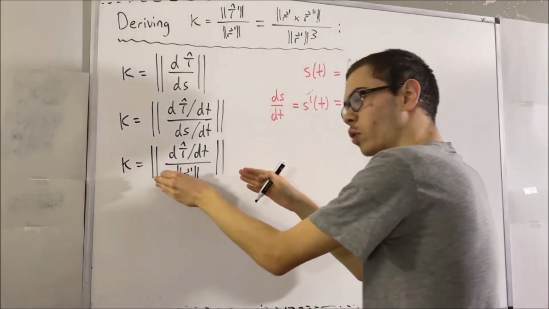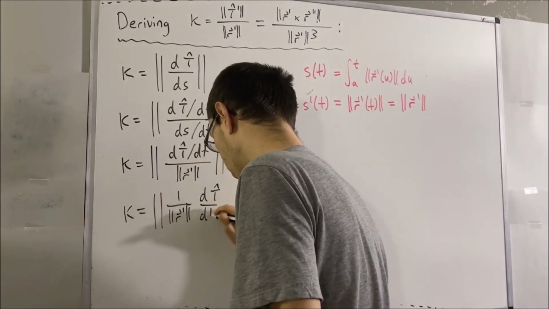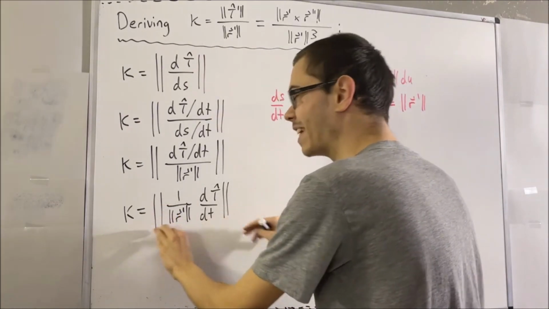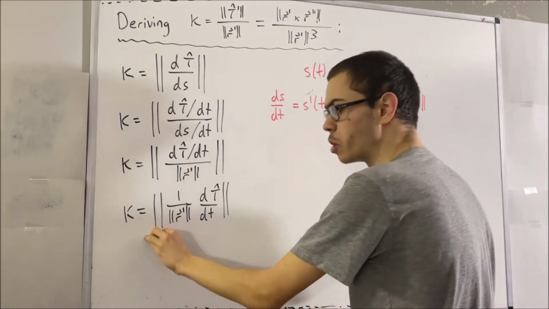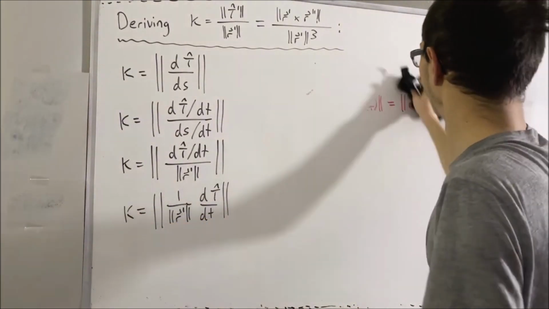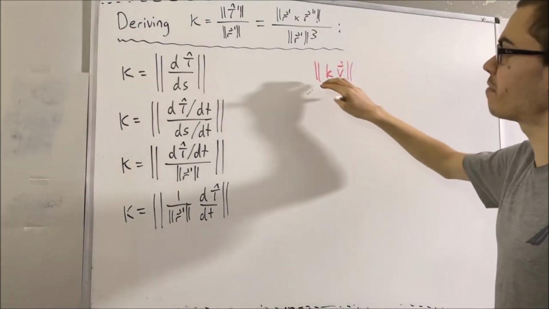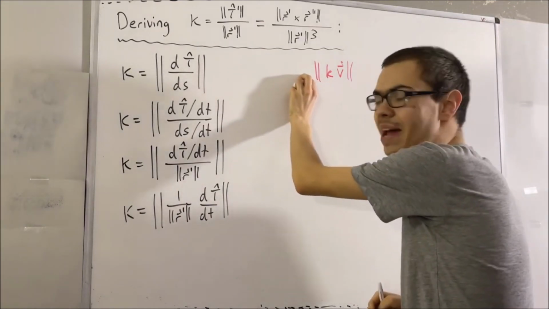Now, I'm actually going to rewrite this in a slightly different fashion. Now, really, notice that this is the magnitude of a scalar times a vector. So really, this is in the form of magnitude of kV. But if you recall, whenever we have something in this form, we can pull the scalar outside of the magnitude.